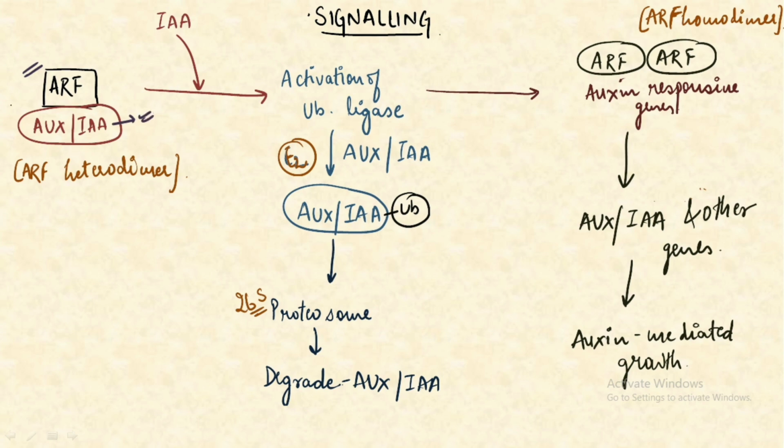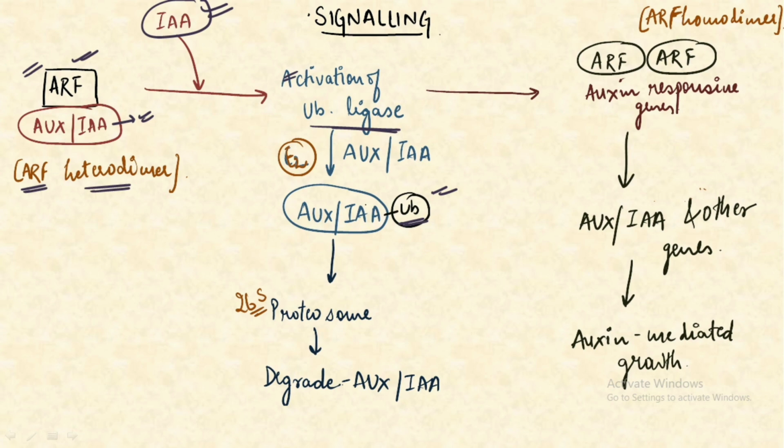So initially we have the ARF heterodimer, but when the auxin, that is IAA or indole 3-acetic acid, comes as a ligand and binds to this complete heterodimer, there occurs the activation of the ubiquitin ligase pathway, and there occurs the ubiquitination of the AUX/IAA, which is the inhibitor, by tagging of this protein or this complex with a ubiquitin tag.